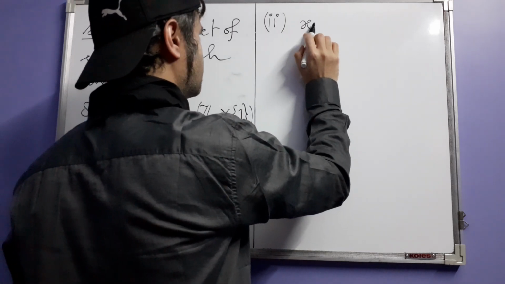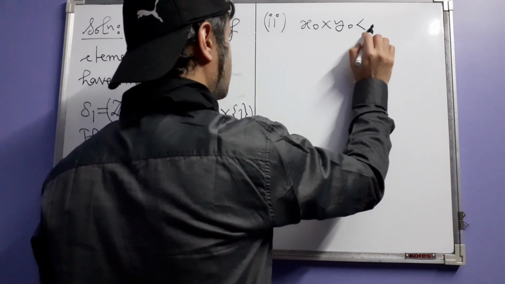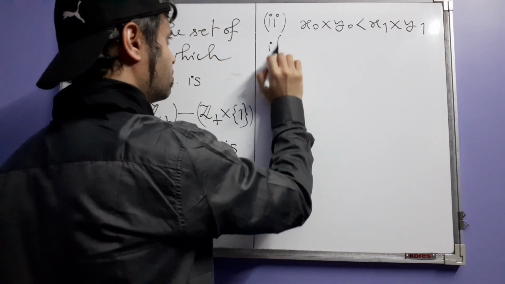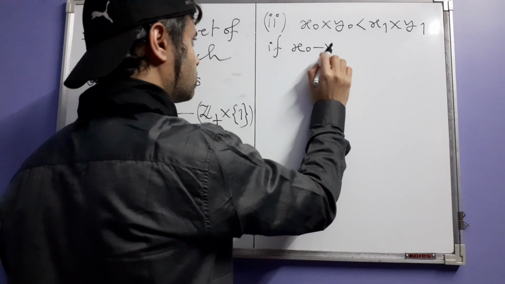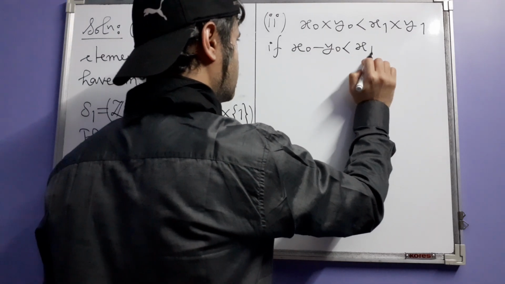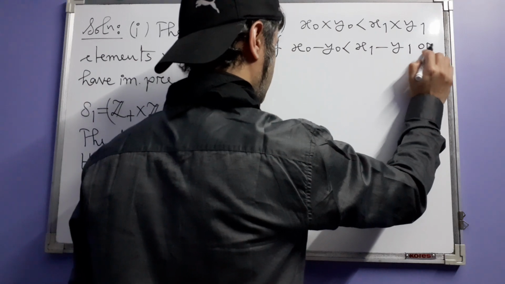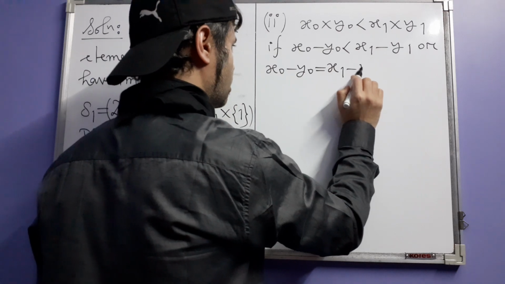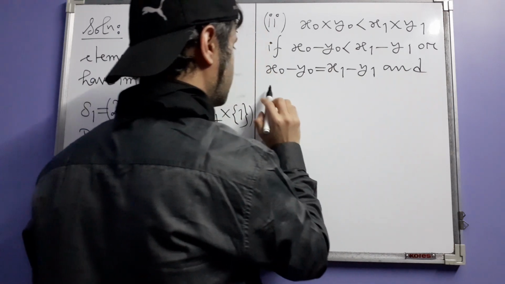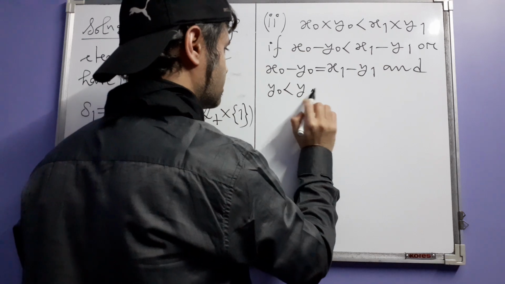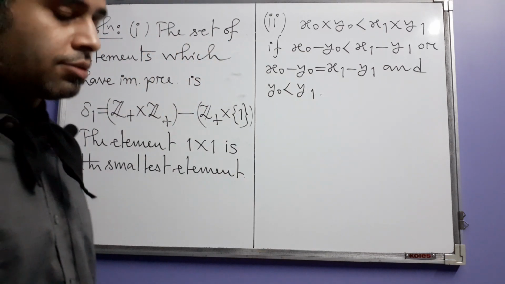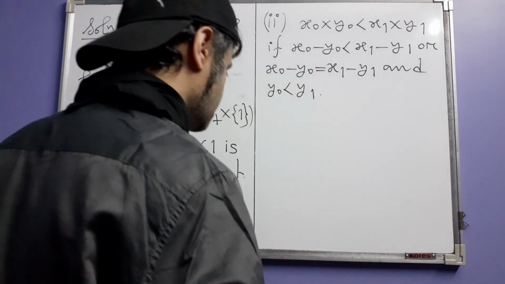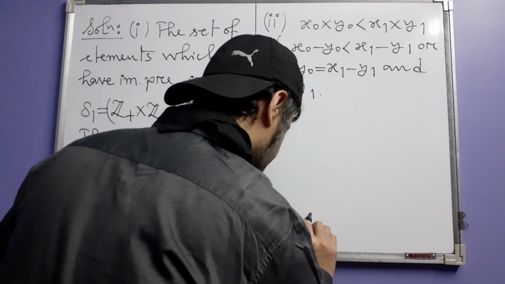This time this is the case if this is less than this, or they are equal and y0 is less than y1. Okay, now what will happen geometrically? Let's try to see this. Again we draw those points.